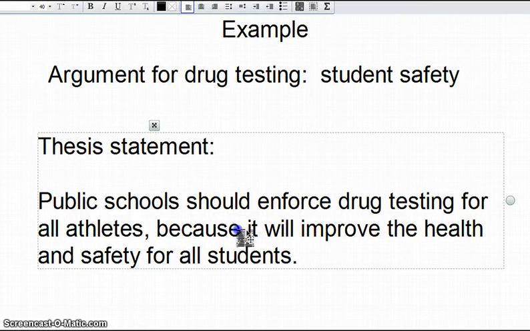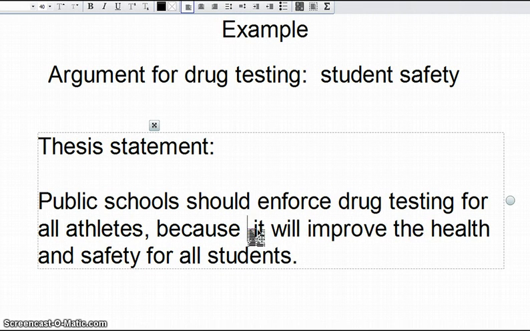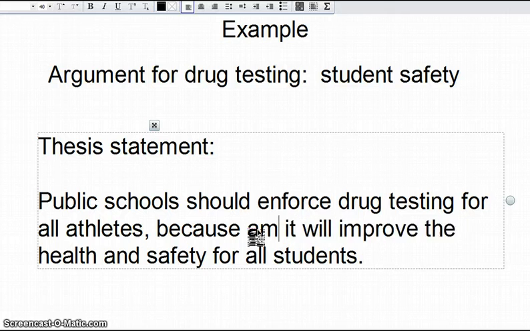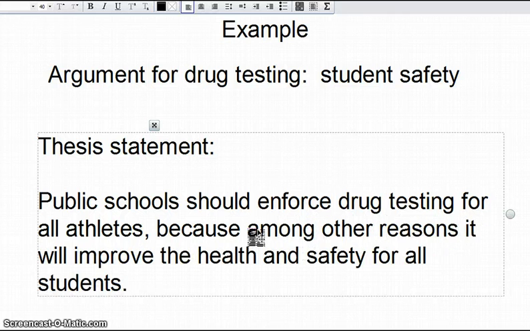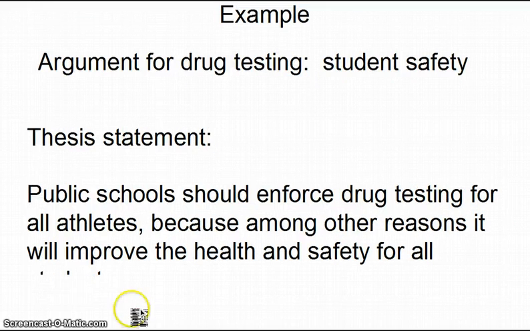And I could even add something to that. Because among other reasons, so now I'm saying this is just one of my reasons, but I have a lot of other reasons too that I will use. So that's one way you can put one of your reasons after your clear statement to show that.